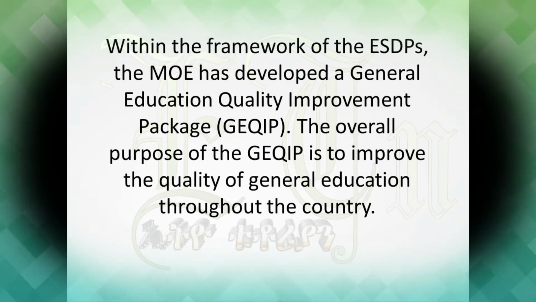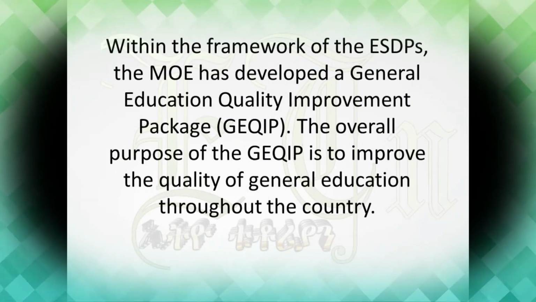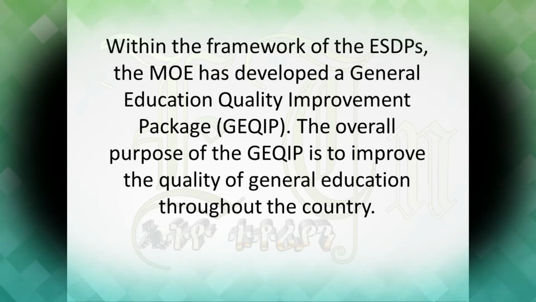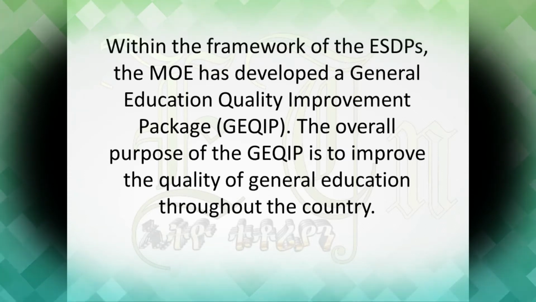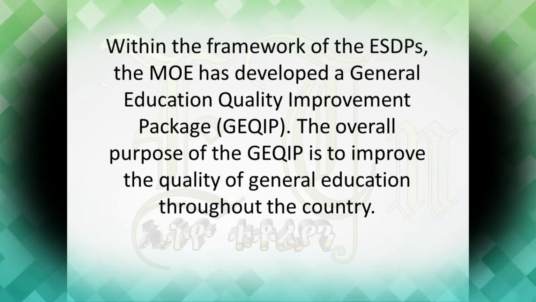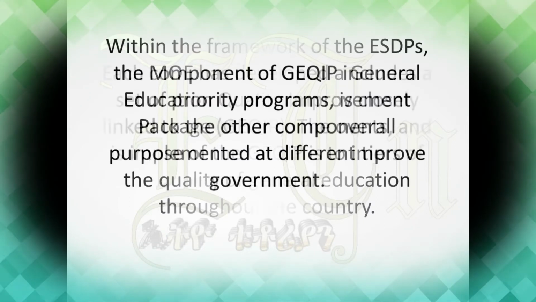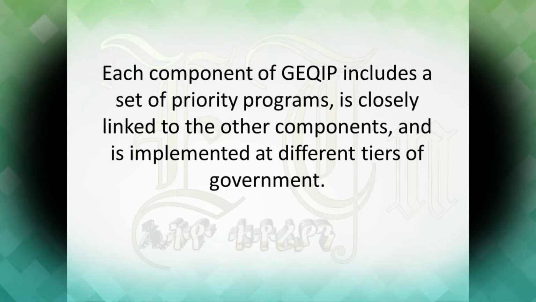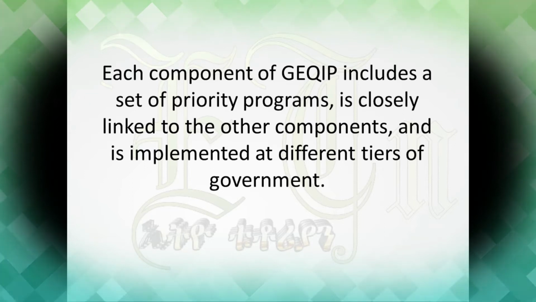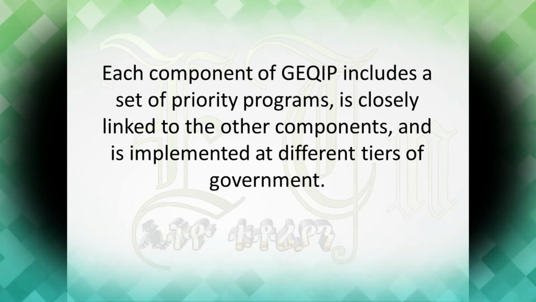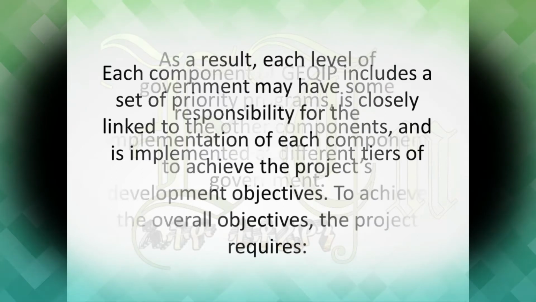Within the framework of the ESDPs, the MOE has developed a General Education Quality Improvement Package, GEQIP. The overall purpose of the GEQIP is to improve the quality of general education throughout the country. Each component of GEQIP includes a set of priority programs, is closely linked to the other components, and is implemented at different tiers of government.